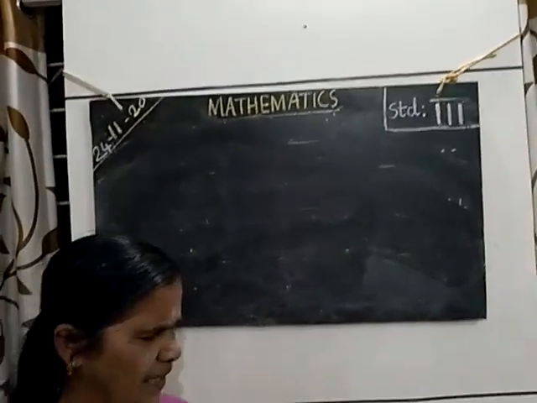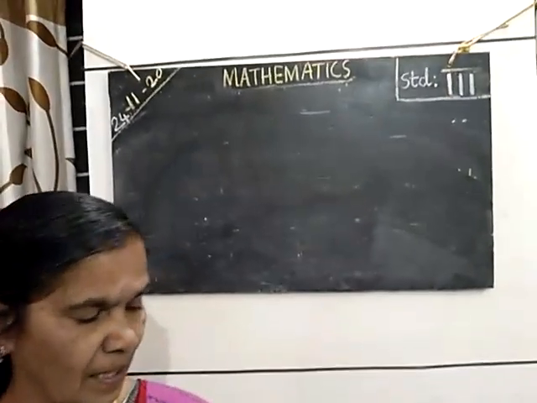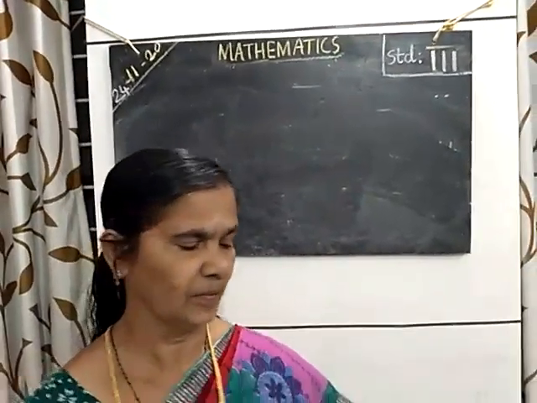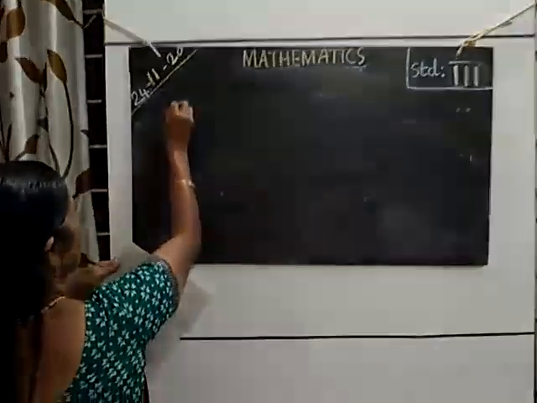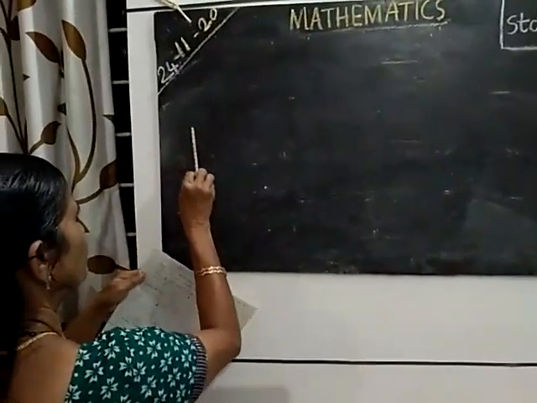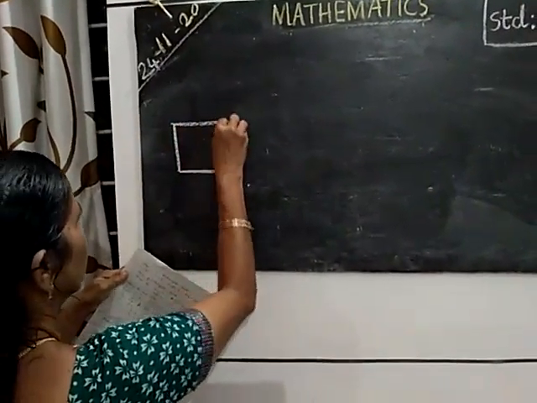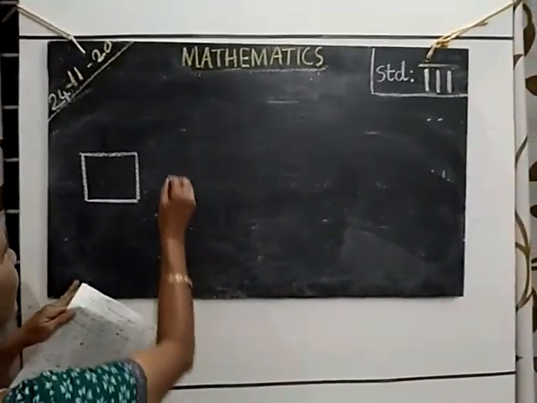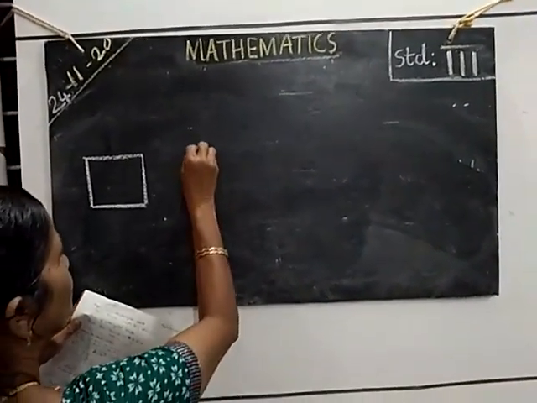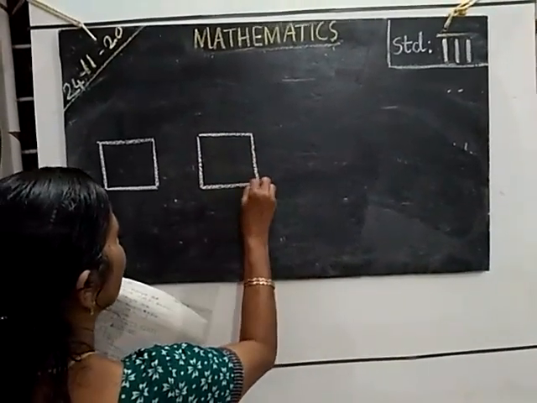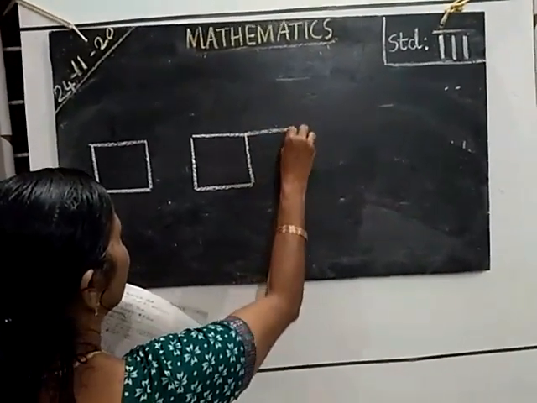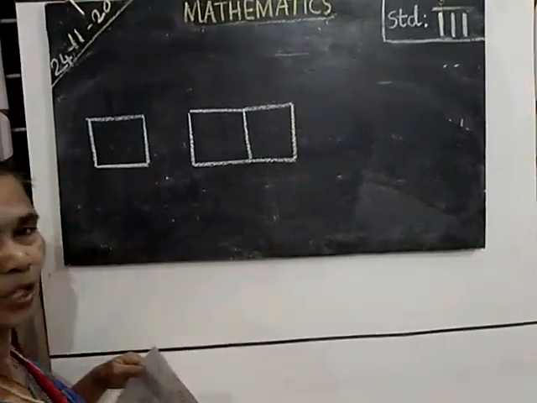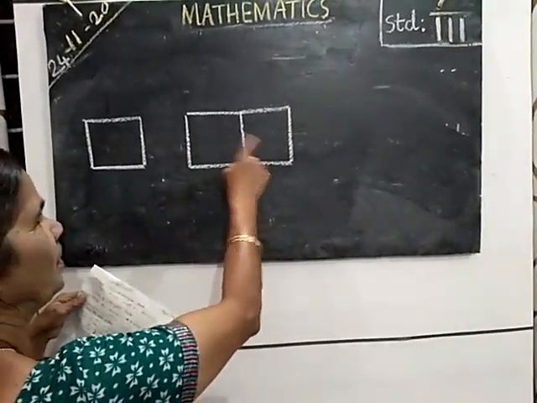Next we have to study drawing pictures. This is one picture, one square. Then I am going to draw 2 squares together. How many squares are there? I joined 2 squares.